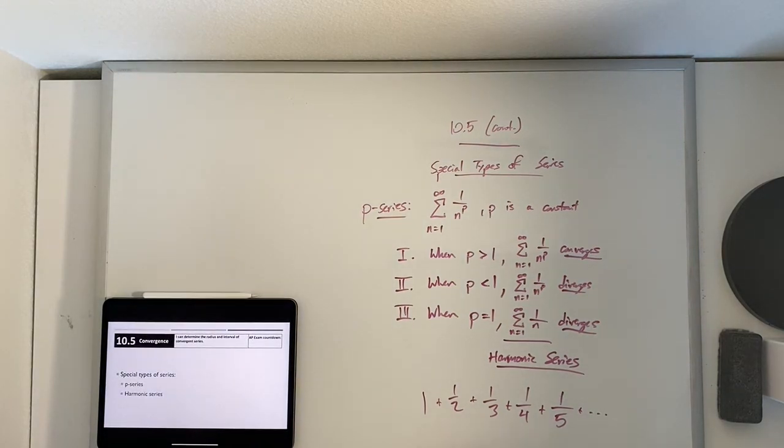And I'm telling you that this series will diverge. The proof of this series diverging is actually quite interesting. It requires yet another convergence test that we're not going to discuss. It is a pretty straightforward idea though, so if you're interested at all, come to our Google Meet today. I'm more than happy to go through that proof of why this harmonic series diverges. But the fact that the harmonic series diverges is one of the most famous divergent series in math.